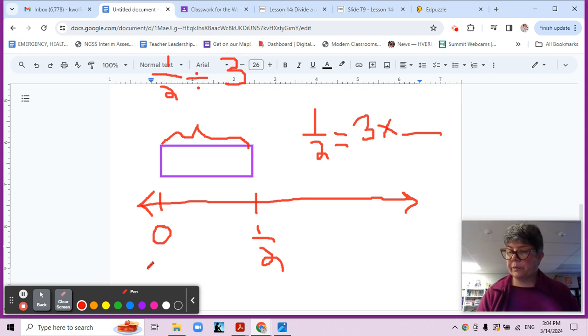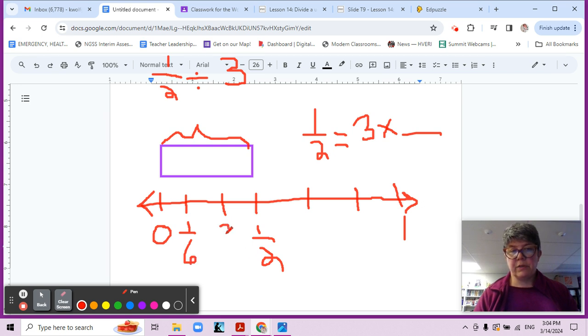If we break it into 3 groups, then we're going to have 2 lines, 3 parts. And then because we want to have the whole amount, we will also continue here with our 3 parts. And we can see that we have a total of 1, 2, 3, 4, 5, 6 parts. So this would be 1/6.